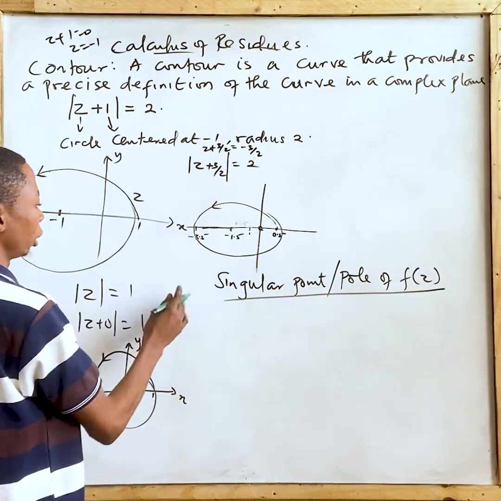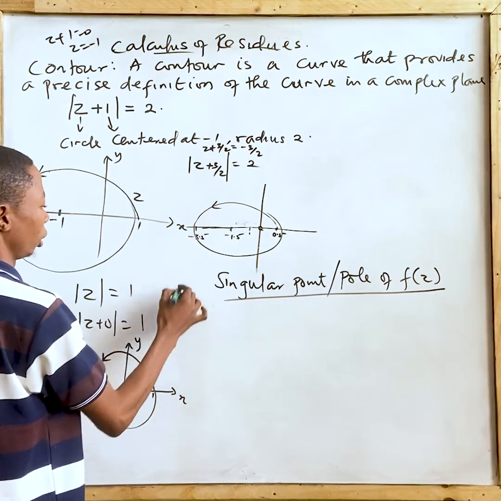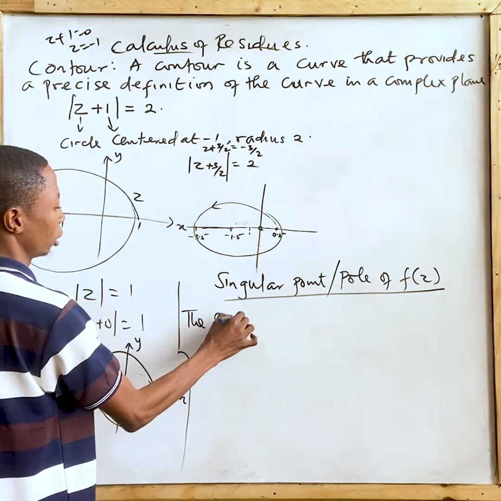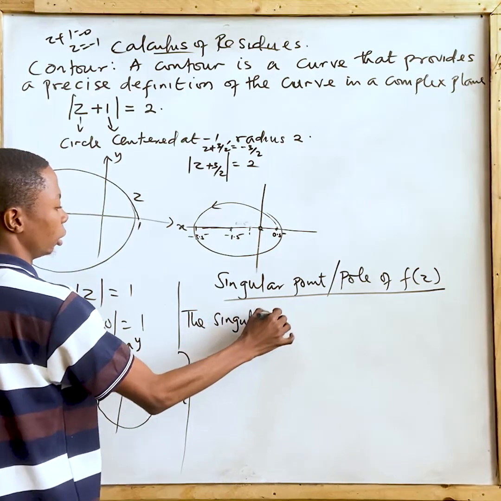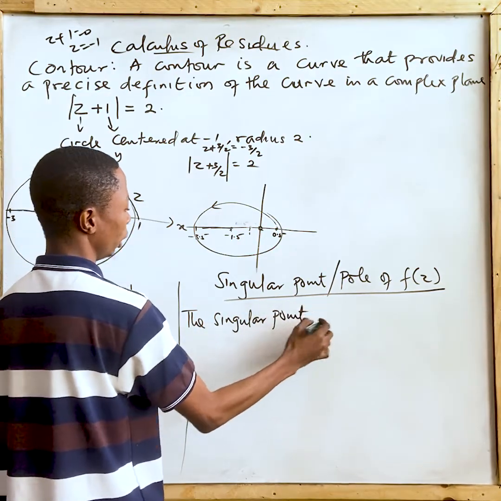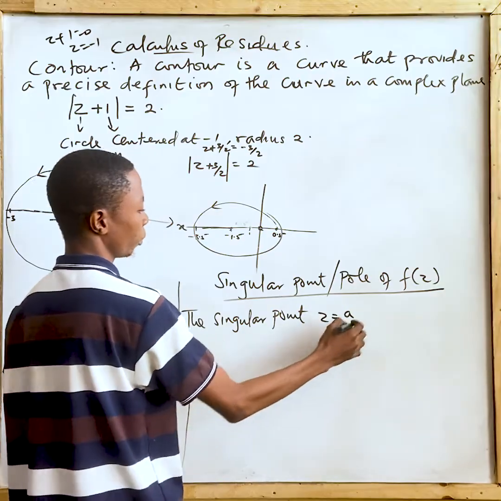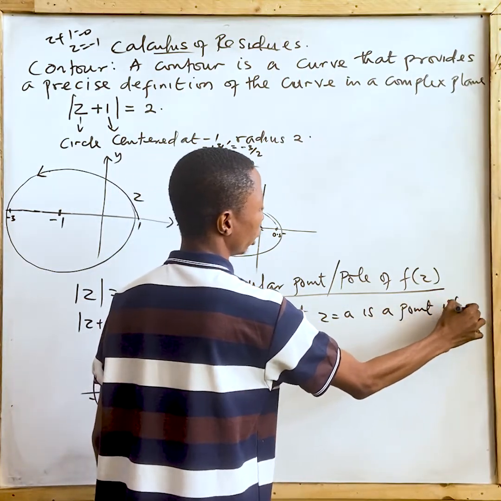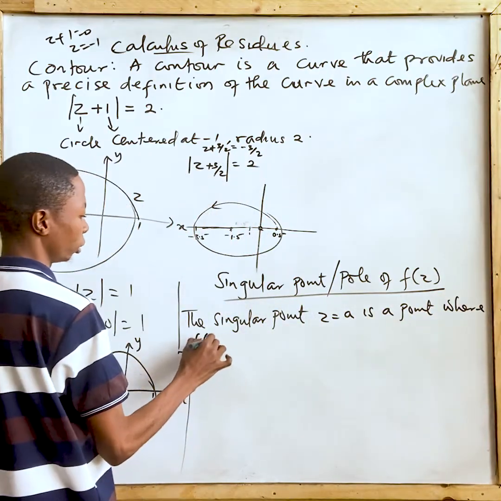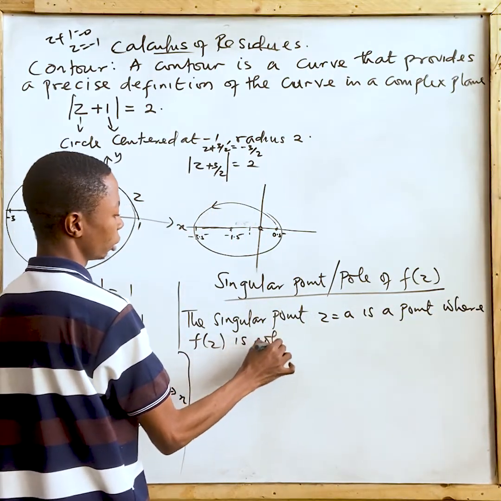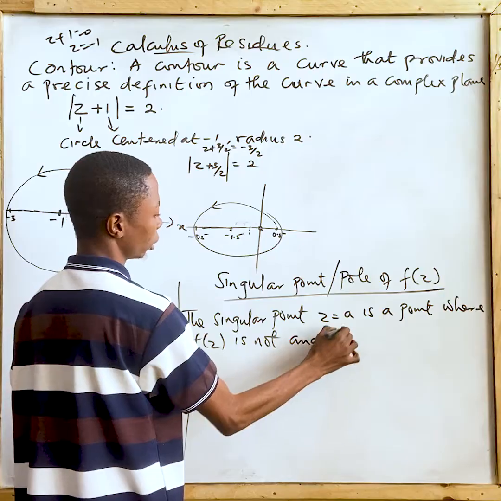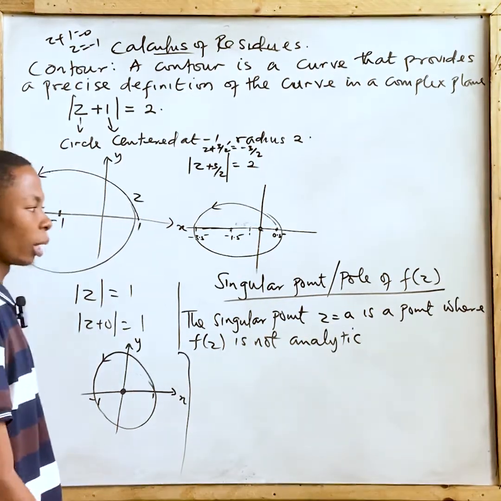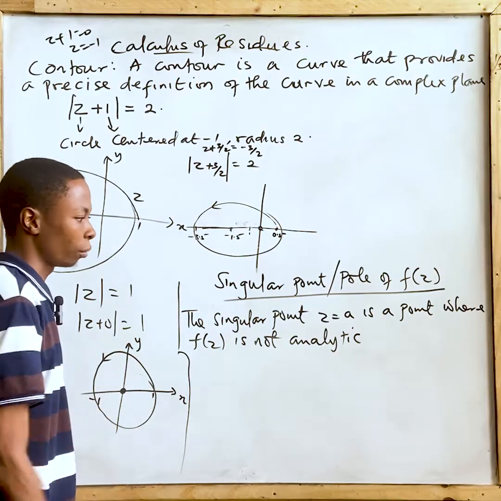Now the definition is: the singular point, let's say z equals a, is a point where that function is not analytic. So where a function stops being analytic is the singular point or the pole of that function.